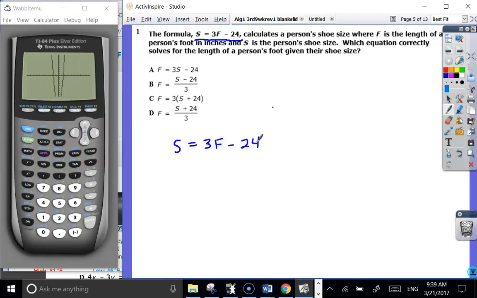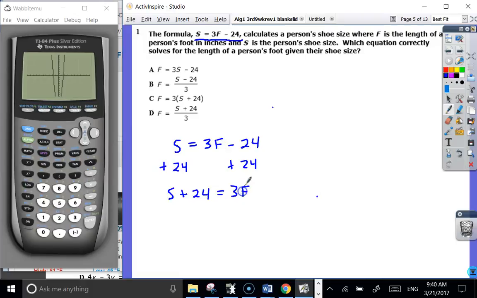You've got to get rid of the 24 and you've got to get rid of the 3. Both of these are the things to get rid of. So how do I move the minus 24? Add 24. So this is f plus 24 equals 3f.